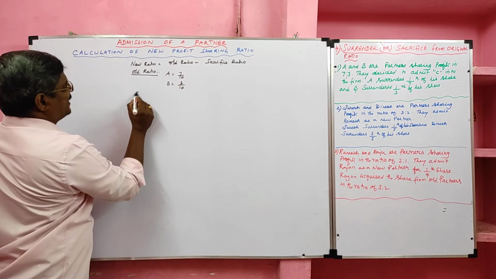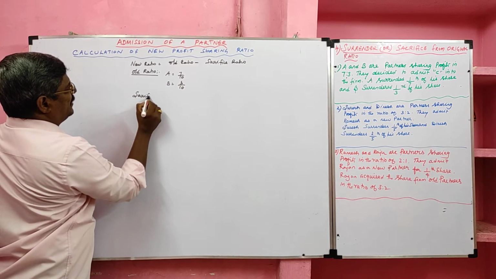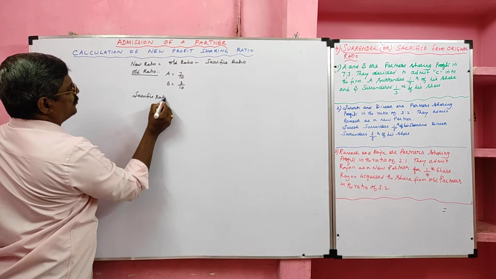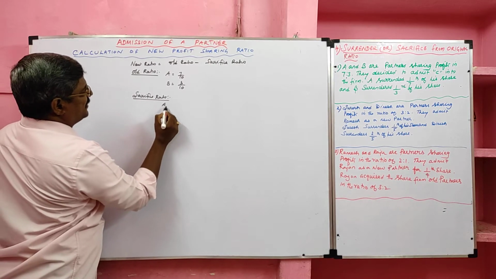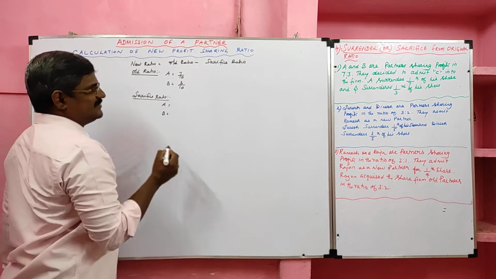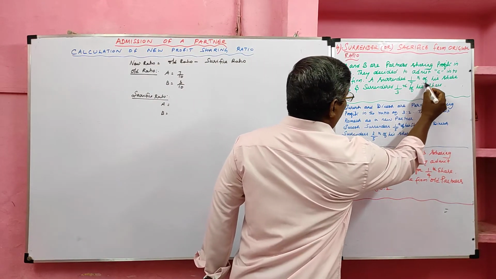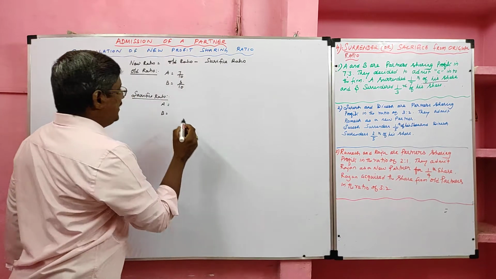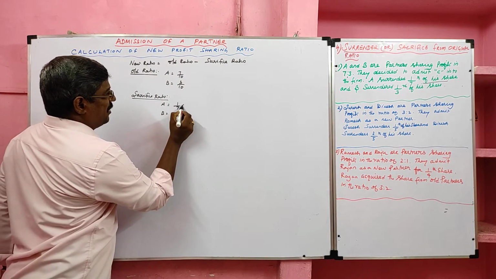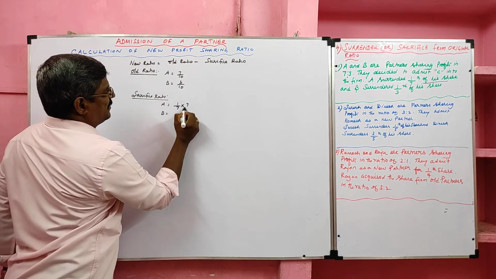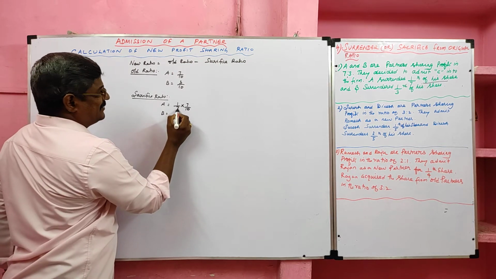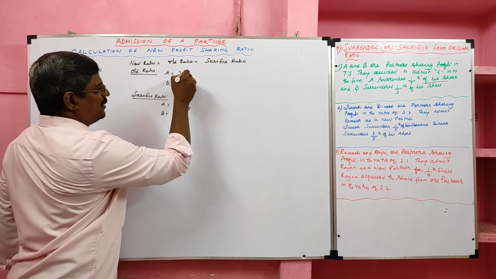We have to find the sacrifice ratio. A sacrifices and B also sacrifices. Look at the problem. A surrendered 1/7 of his old share. 1/7 of his share means what? Old share.